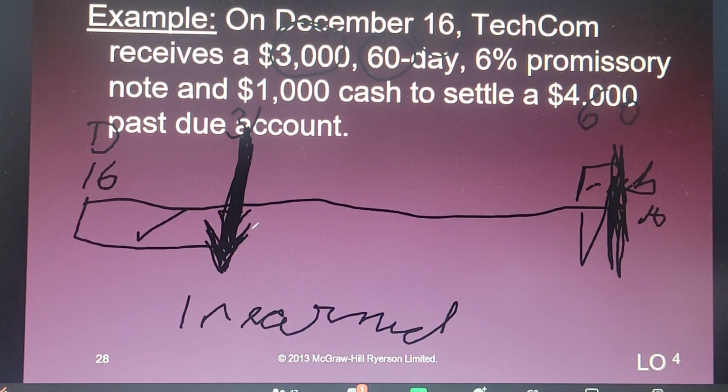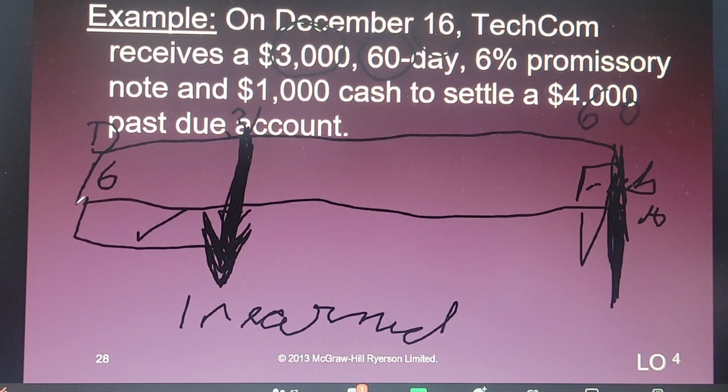So I have to record this because this is due and I did not get it. This is earned. Nobody's paying me at this time. I will be paid in here. When the note is matured, I will receive all the principal plus the interest.